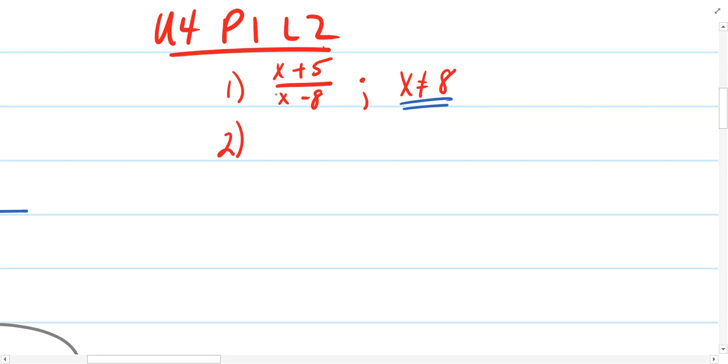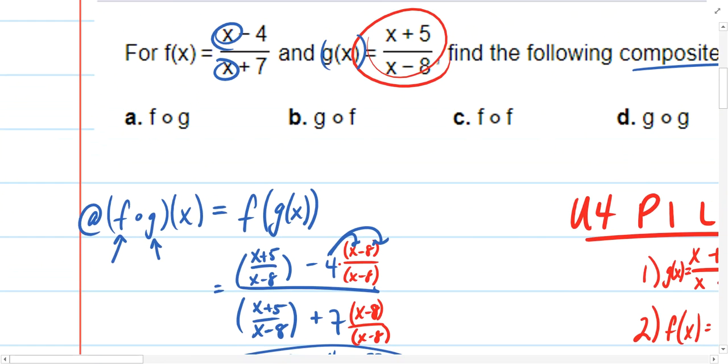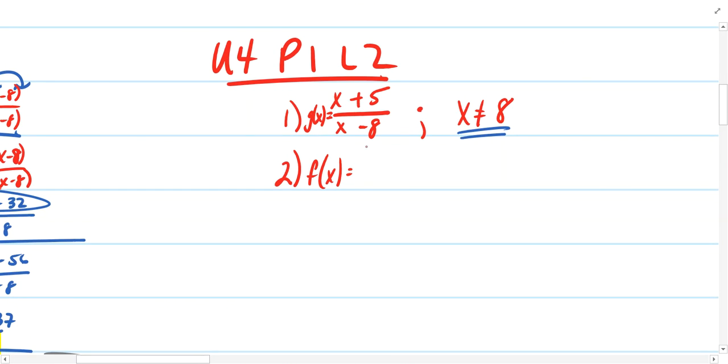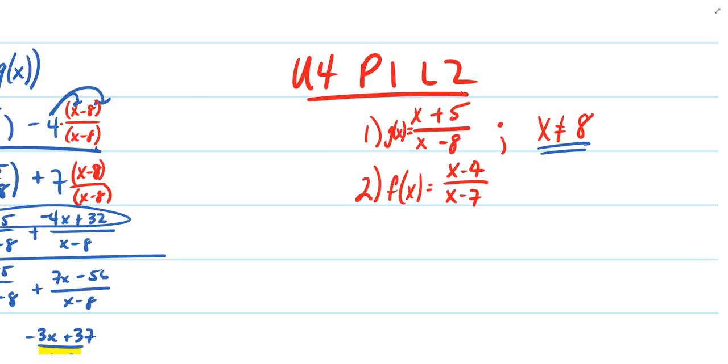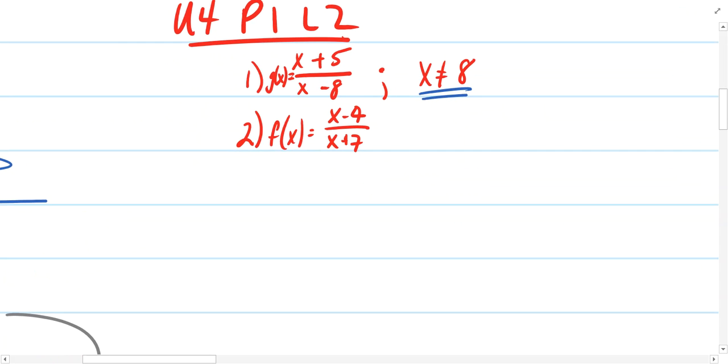For step 2, we would do the same thing, but look at our outer function. I'll label this, by the way, this was g of x. Our outer function was f of x, and that's equal to x minus 4 over x plus 7.